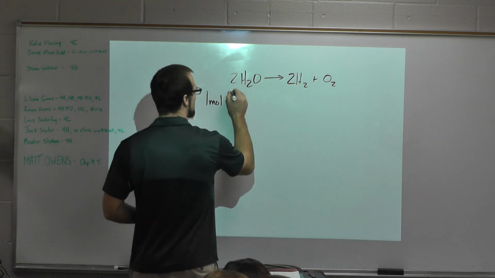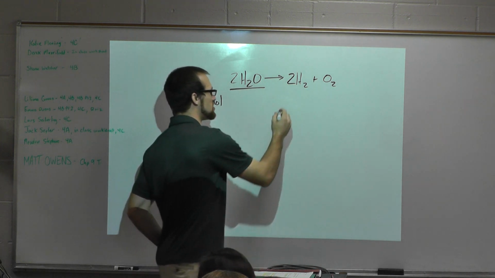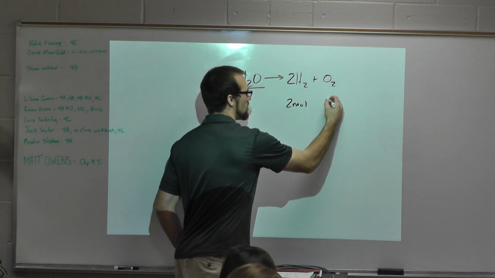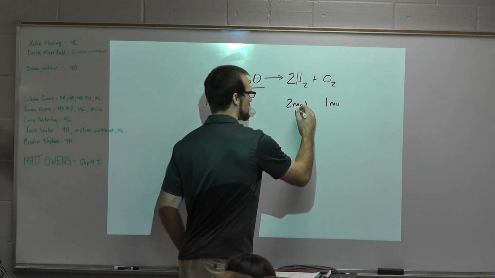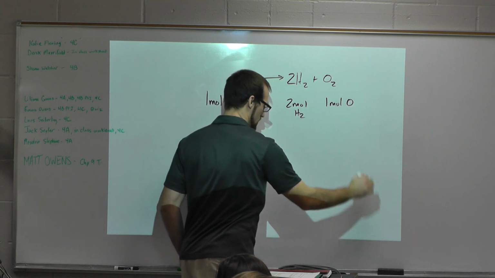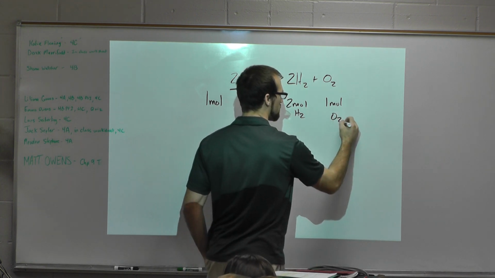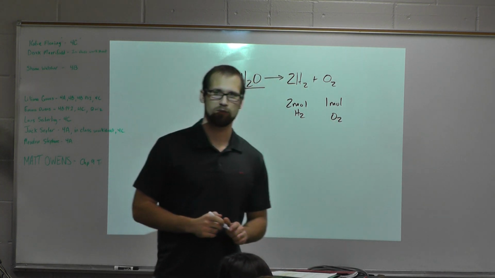So the answer lies in the moles. When I say I've got 2 moles of H2 and 1 mole of O2, what is that really telling me? What does that mean? Come on.